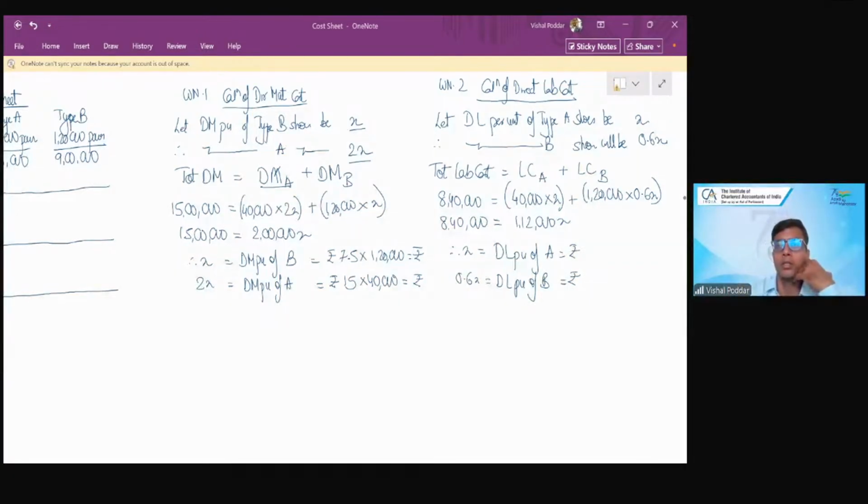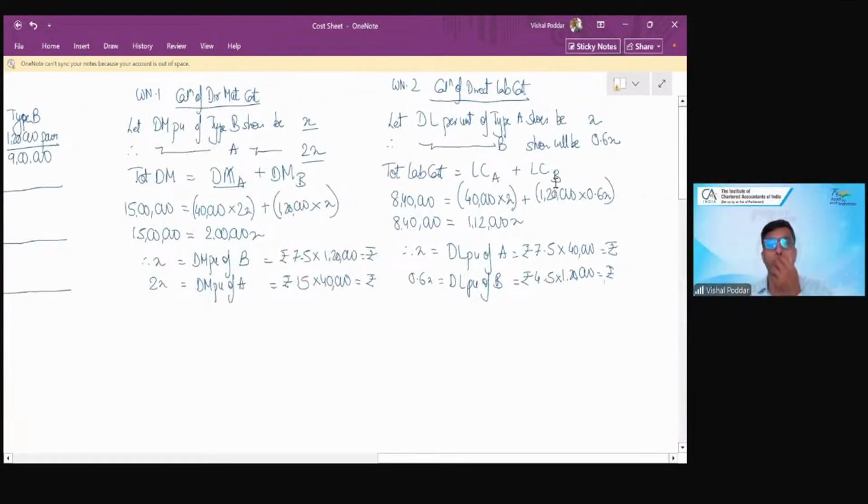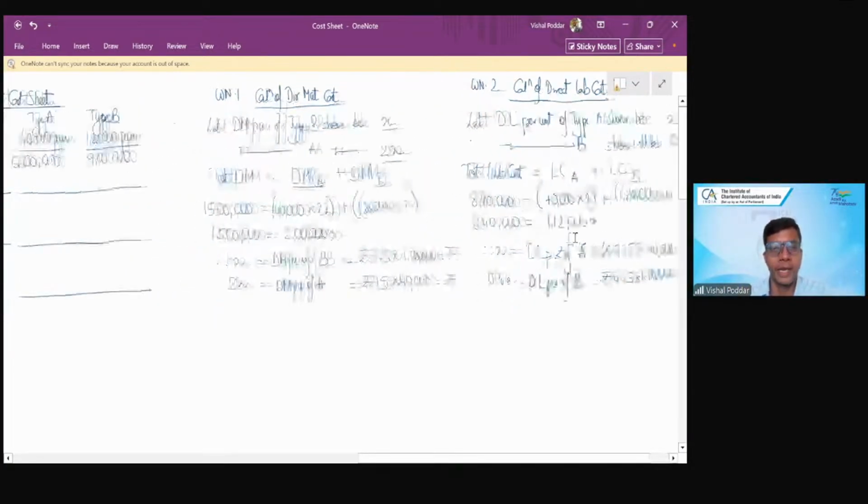So 7.5 into 40,000 will be the total, and 4.5 into 1,20,000 would be the total. So I think it is coming as 3 lakhs for A.